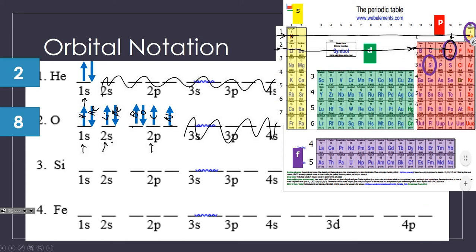So silicon's farther down. Okay, it'll be the exact same as oxygen plus some. So let's go up to oxygen. How many total for silicon? How many arrows should we have? 14. Okay, whatever silicon is, so 14. So I'm going to get to oxygen real quick. That's where oxygen is. So we're now at oxygen. We still need to keep going through here.